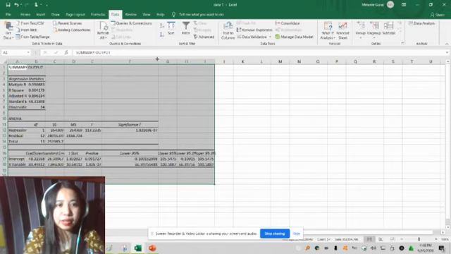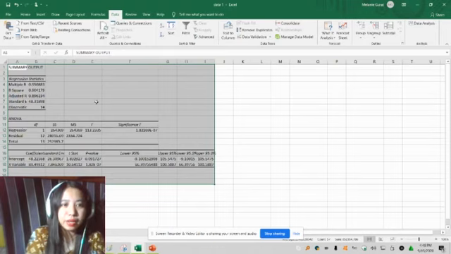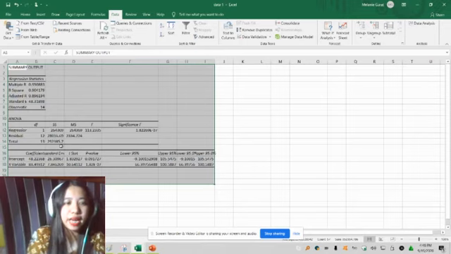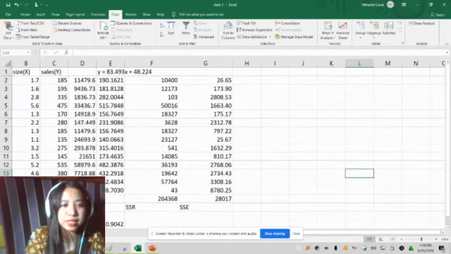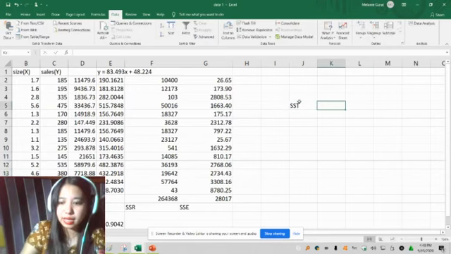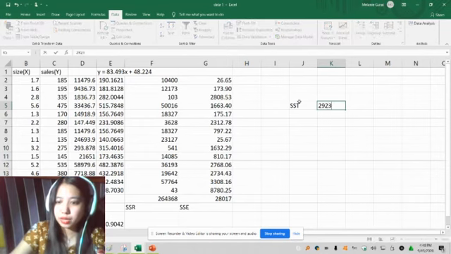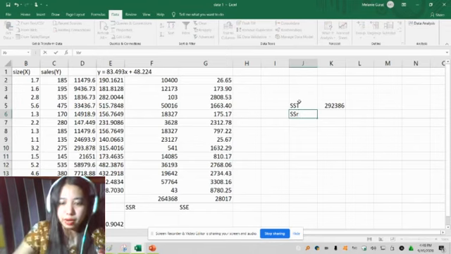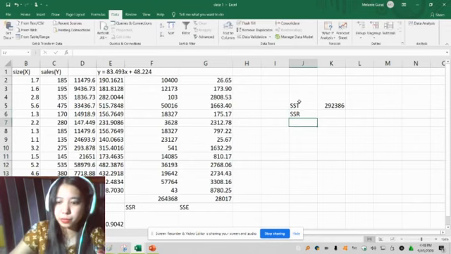So we have here the values of, as you can see here, 26436, 28016, and 292384. So comparing it to this value, so let us just summarize. Our SST is 292386. Our SSR is equal to 264368.